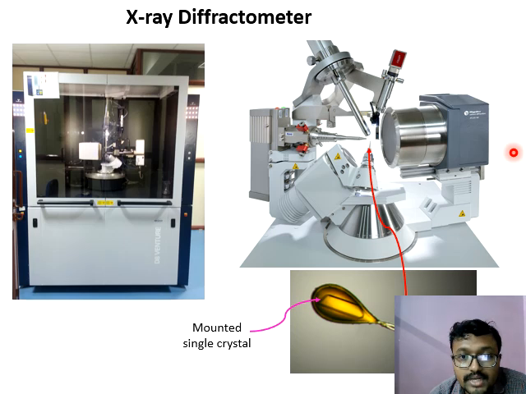We have to know the calculation of the interplanar distance, the dHKL value for a cubic crystal, using the formula dHKL is equal to a divided by the square root of h square plus k square plus l square. So these are all about the X-ray diffraction technique.